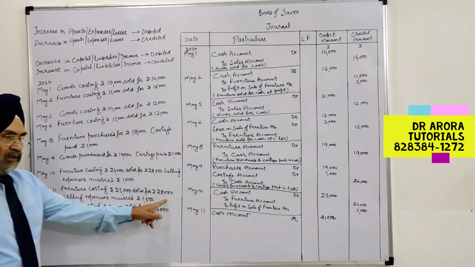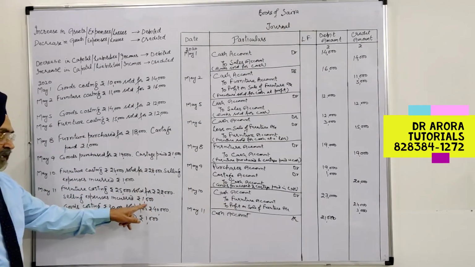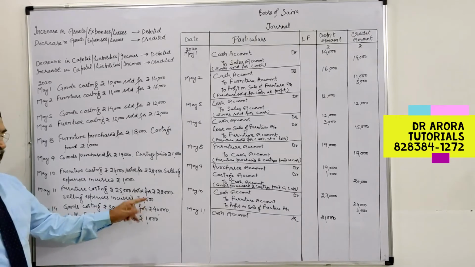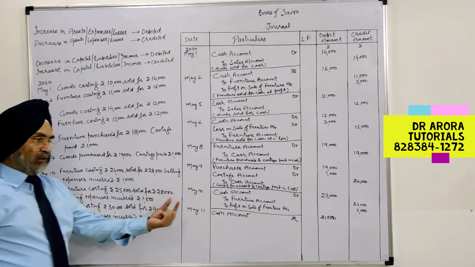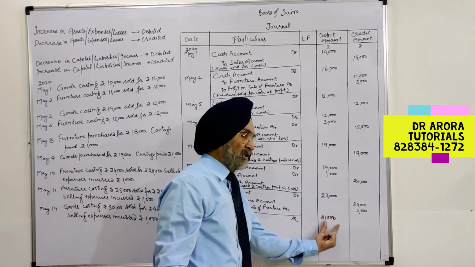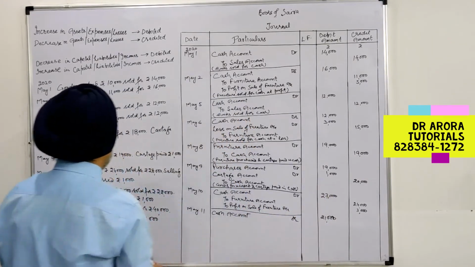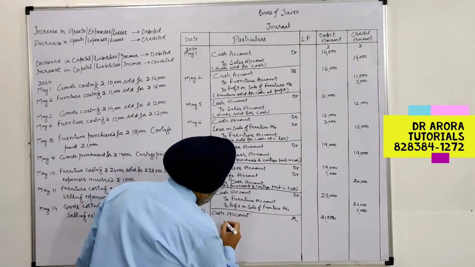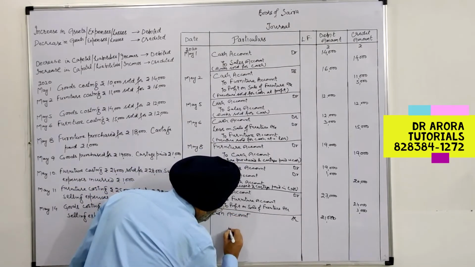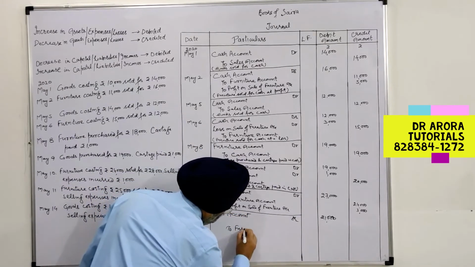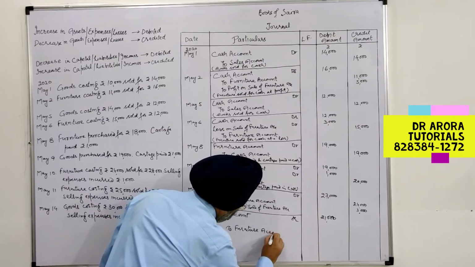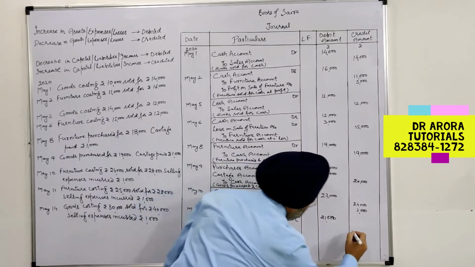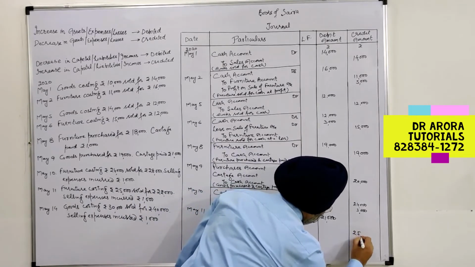Sale price minus selling expense incurred. Here we received the cash, here we paid the cash, so this is net cash received. And furniture worth rupees 25,000 has gone. So furniture will be credited with 25,000.